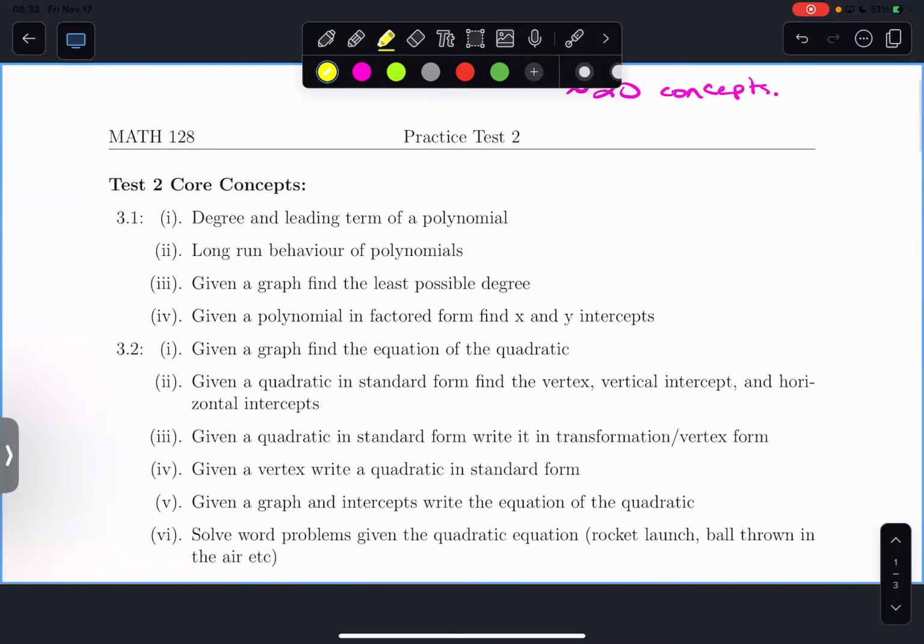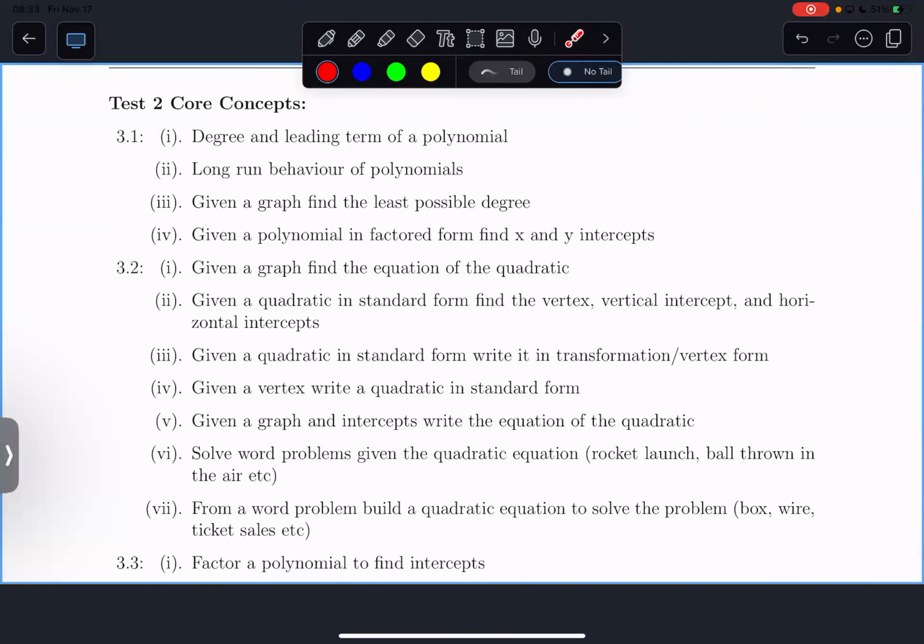And all I did here was I just put names to all the assignment questions, right? They can all be lumped into these categories. So this is from the 3.1 assignment, 3.2 assignment. If you want more questions from there, that's where they are, and that's where I'm grabbing them from too.